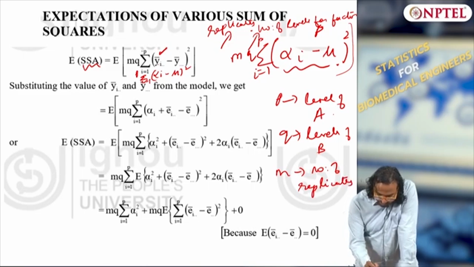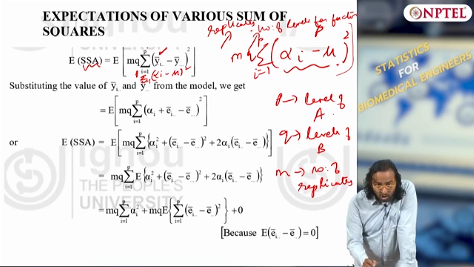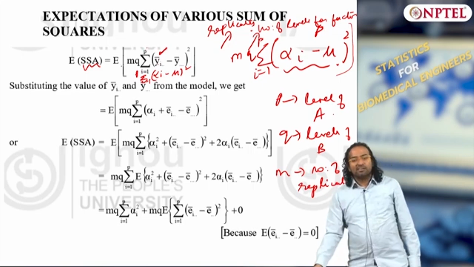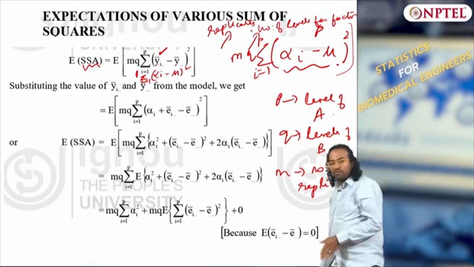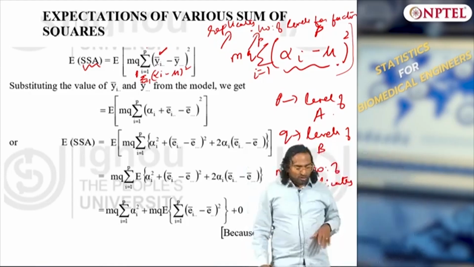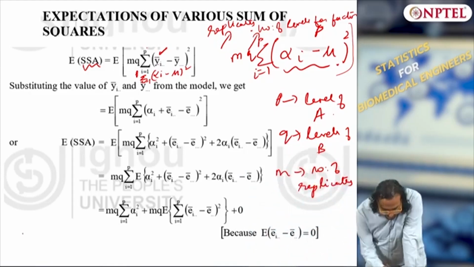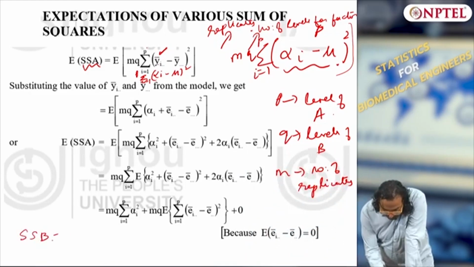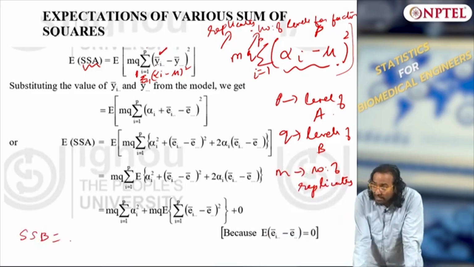and M is number of replicates. So this part is alpha i minus mu the whole squared for all levels, and for how many data? M replicates, each having Q columns, which is the levels of B. So if you go by that, what will be sum squared B?